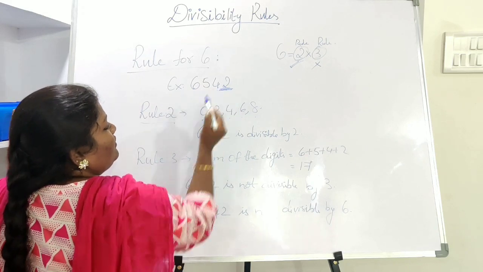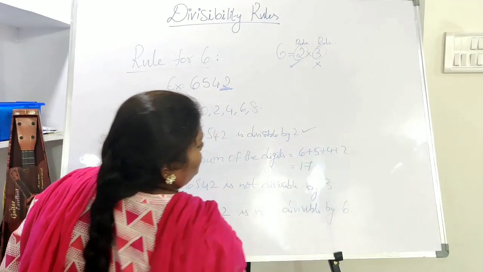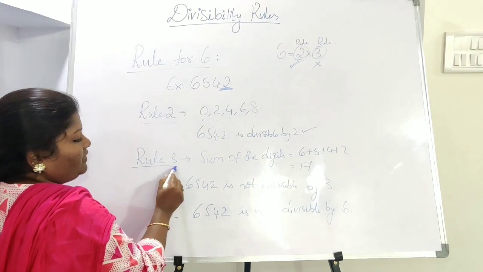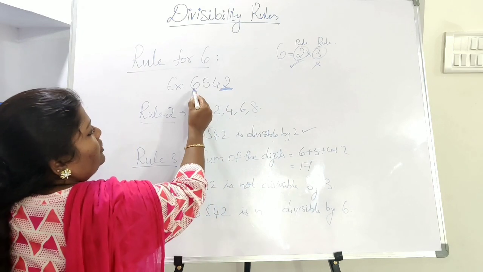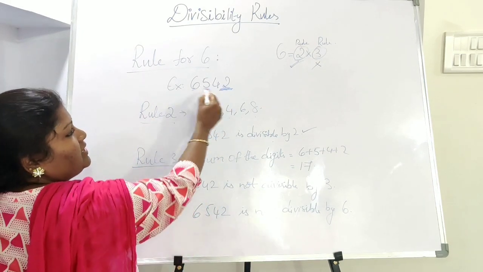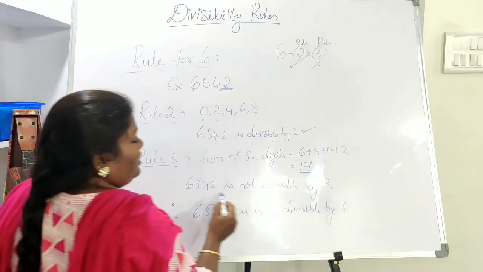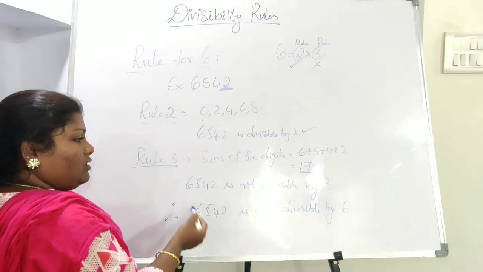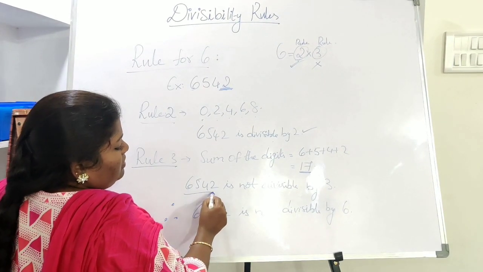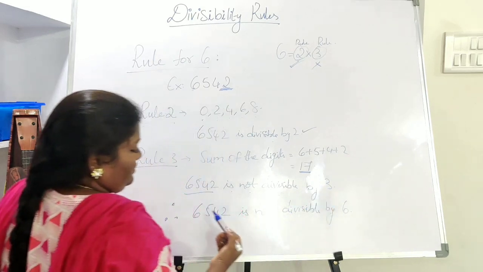In the given number we have 2 in units place, so it is divisible by 2. Now we have to check the divisibility rule of 3. Sum of the digits. We have to add the digits in the number. When I added, I got 17. Now 17 is not divisible by 3. So 6542 is not divisible by 3.